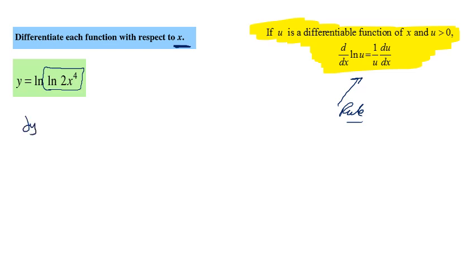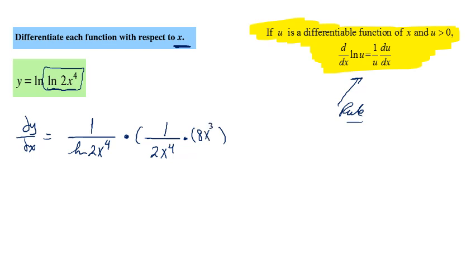So dy by dx is equal to 1 divided by u, where u is ln 2x to the power 4, multiplied by the derivative of ln 2x to the power 4. The derivative of ln 2x to the power 4 is 1 over the function multiplied by the derivative of the function, and the derivative of 2x to the power 4 is 8x to the power of 3.